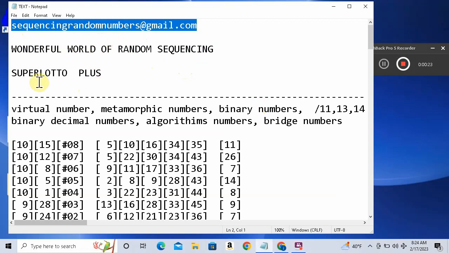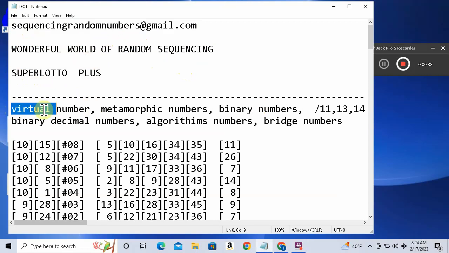We're going to be talking about SuperLotto here. To understand SuperLotto, there are a few concepts you need to be familiar with. One is virtual numbers and metamorphic numbers, binary numbers, and binary to decimal numbers.